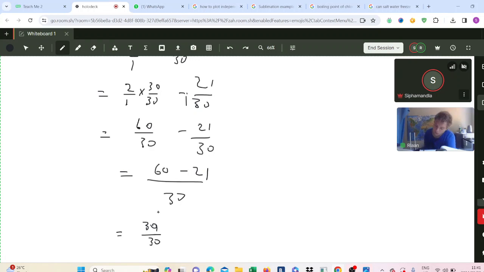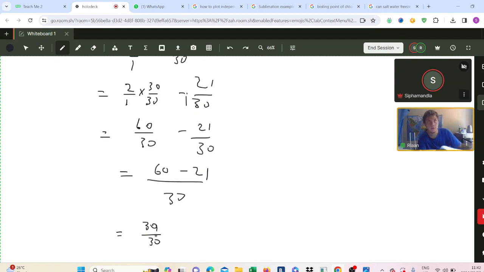How can we simplify this? We could divide by 3. How many times does 3 go into 39? 13 times, and into 30 is 10 times.